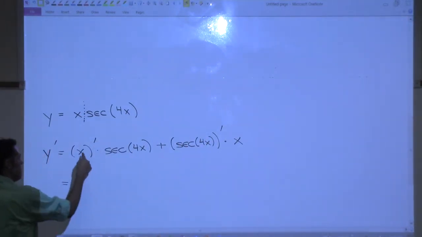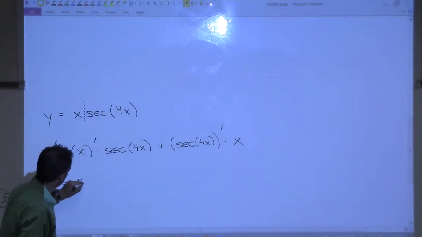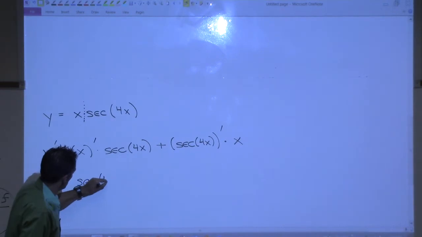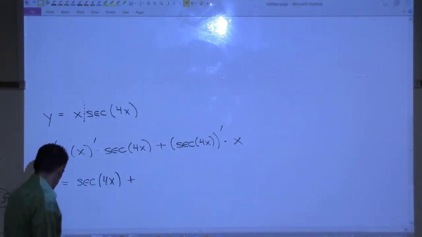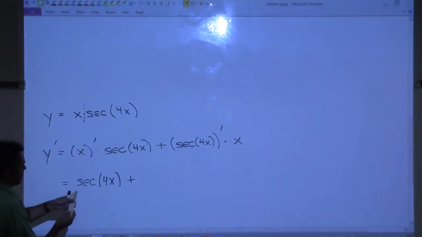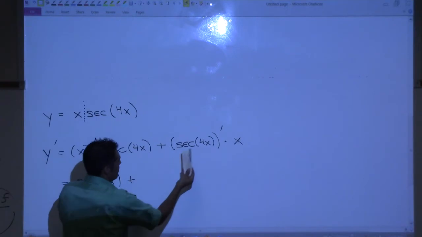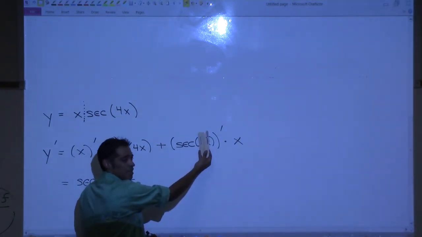So let's do it, okay? Derivative of that, said it was 1, right? Okay. I'm going to stick with you here. Plus. All right. Annika, what is the derivative of secant of a bundle of sticks?